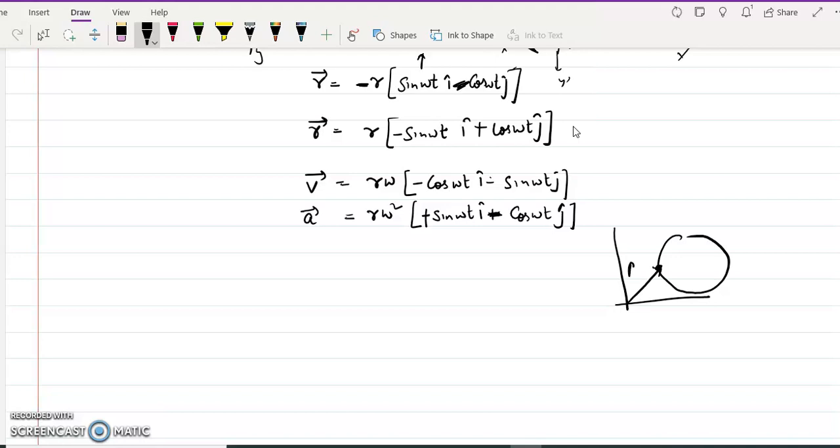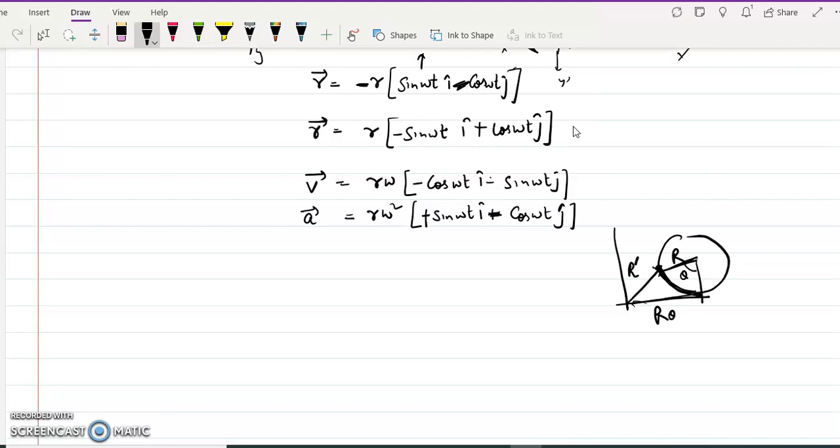Let me denote it by capital R, as I have used small r previously. If the wheel has moved through angle theta and the radius of the wheel is capital R, the arc length will be R theta. So let me use r dash for this, because there will be 2r.